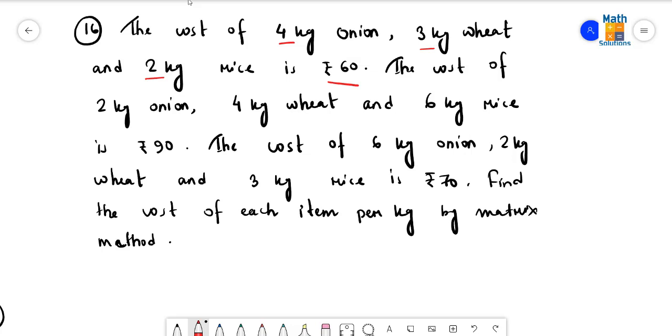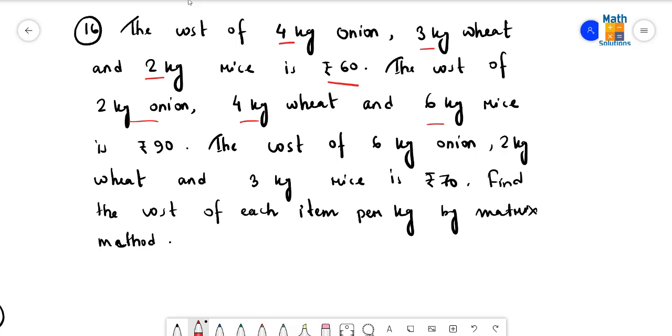Then in the second sentence, let us check what it says. The cost of 2 kg onion, 4 kg wheat, and 6 kg rice is rupees 90. Same here: if per kg the cost of onion is x, wheat is y, and rice is z, then 2x plus 4y plus 6z equals 90.